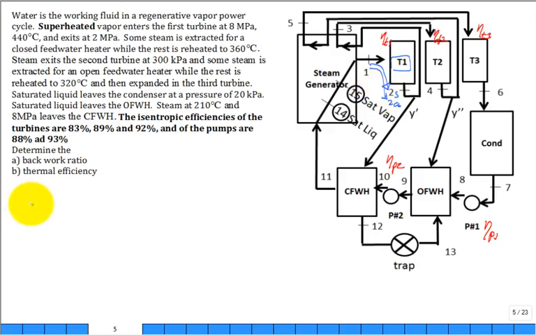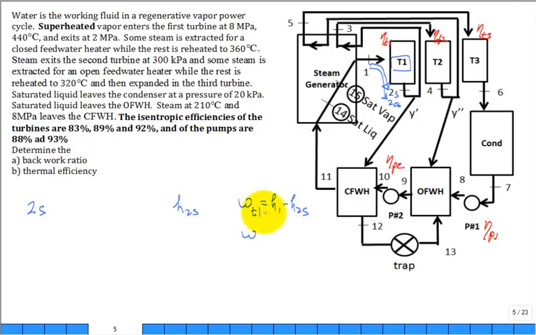So I'll expand it to 2S. That's exactly what you've done already. No difference there. It's now that I have H2S and I have the work that is out of the first turbine, which is H1 minus H2S, and the isentropic efficiency says, no, you didn't get that much work out.